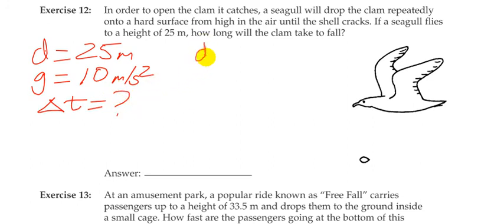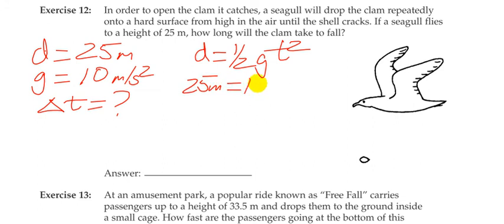So the equation we're going to use is d equals 1/2 g t squared. We're going to put 25 meters in for distance, and 1/2 times 10 meters per second squared in for gravity, times t squared.